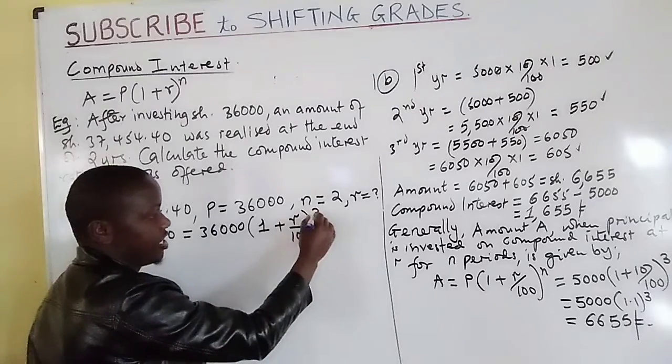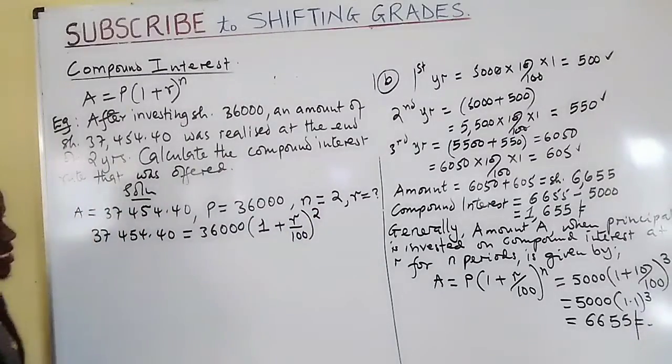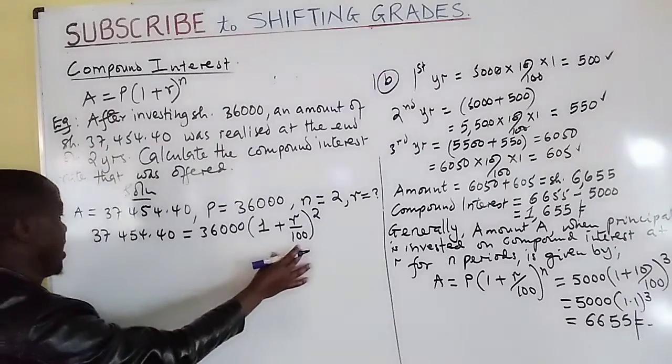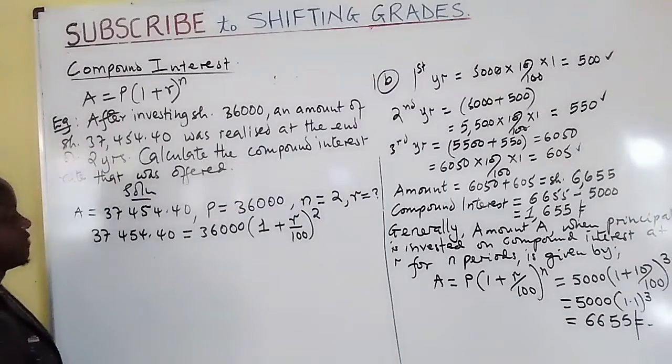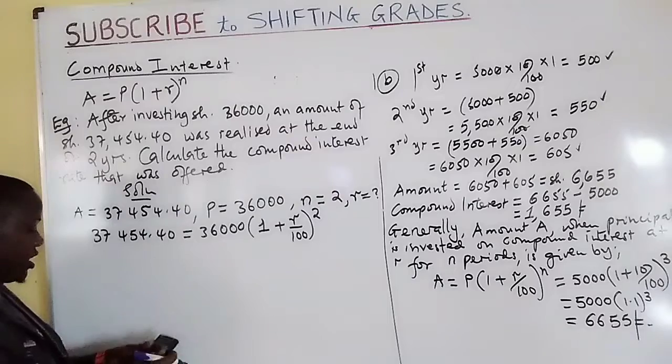Then this we raise to power 2 because 2 is the n, the number of seasons for compound interest. Because the unknown is here, we can start by dividing through by 36,000.